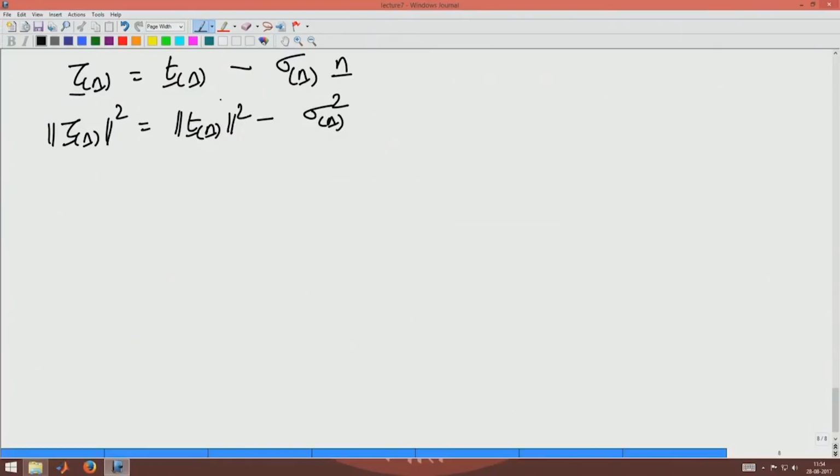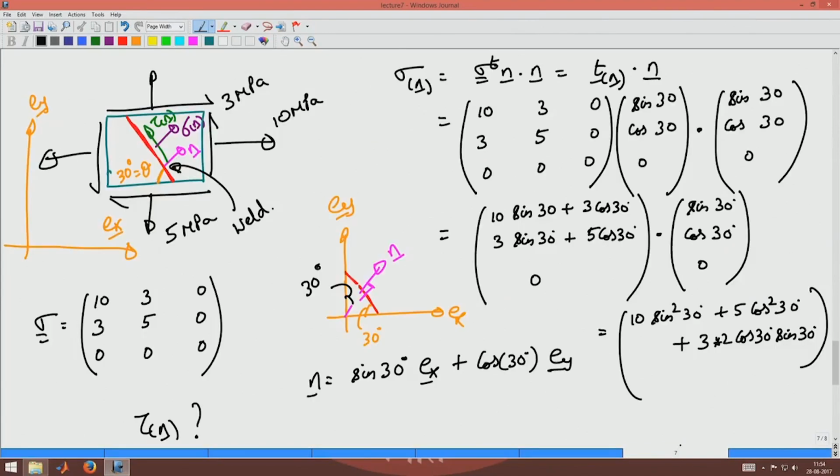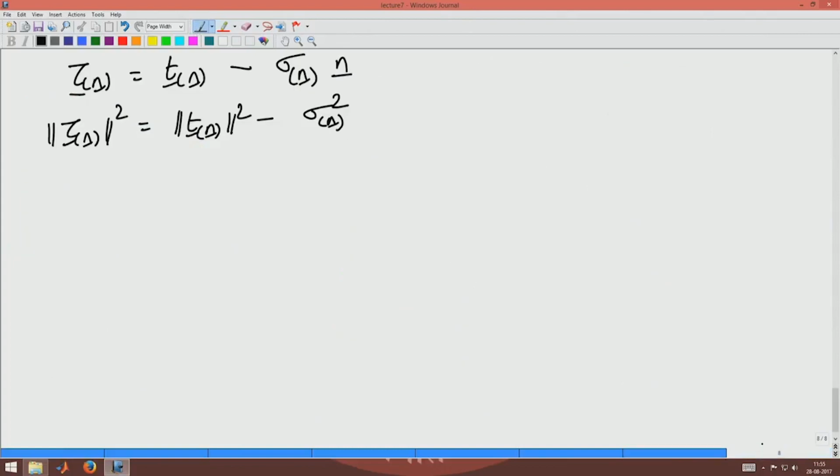I have found already this. T of n is also something I found in the process. This vector is T of n, that is what we wrote here. So, I have found that vector also. Okay. So, T of n we have found, sigma n we have found.